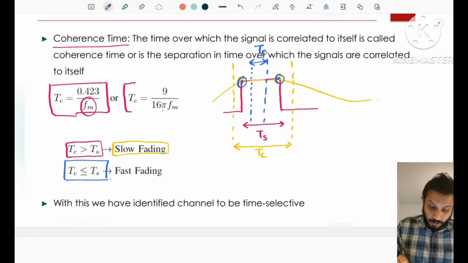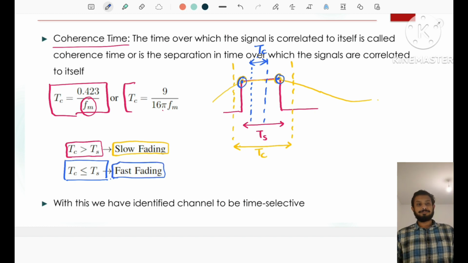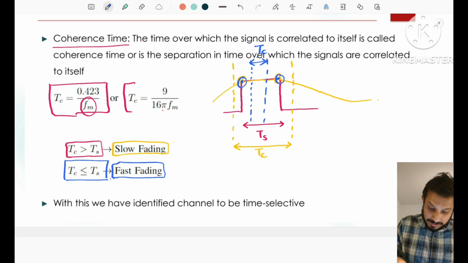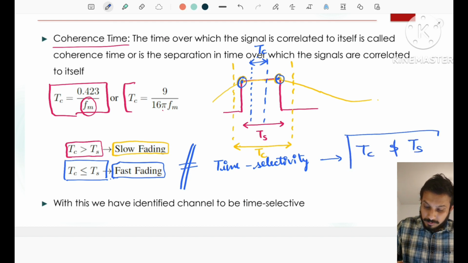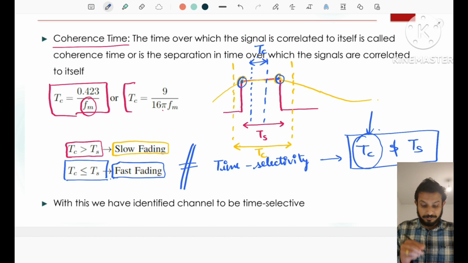So instead we call it a fast fading channel. With this, we have studied the time selectivity of the channel, which depends on the coherence time and symbol duration. Once we have this coherence time Tc, we can tell whether the fading is slow fading or fast fading.